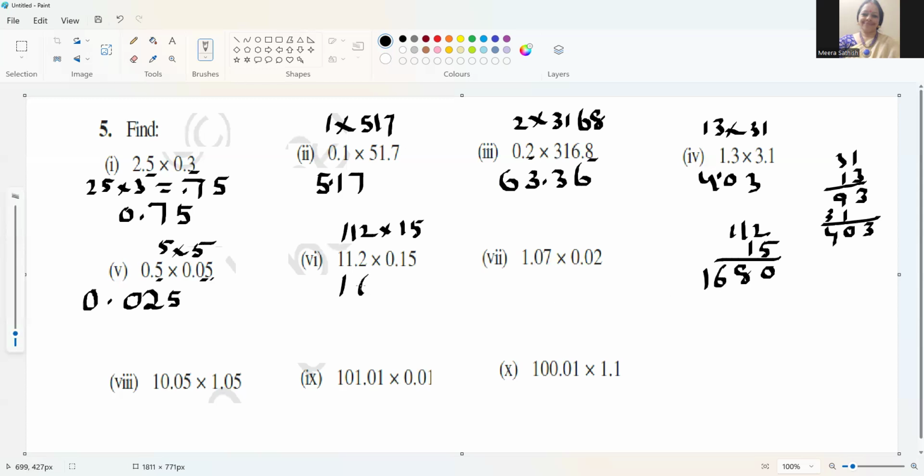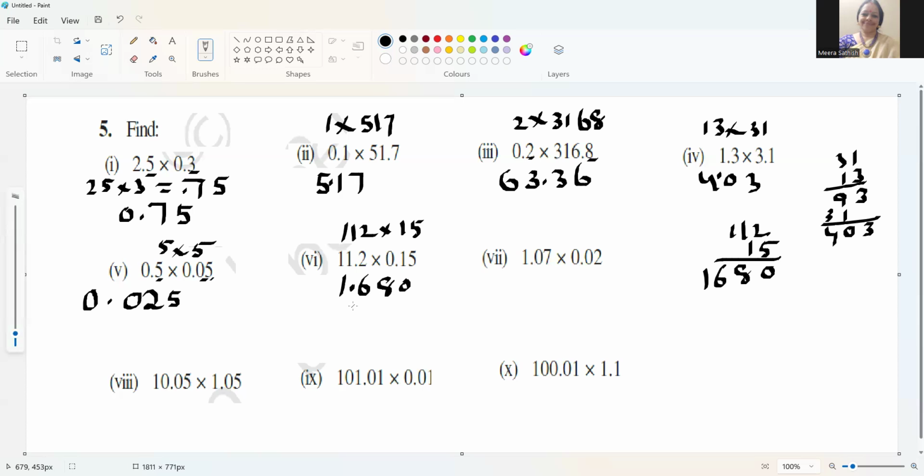So 1680, 3 decimal places. So 1.680. If you write it as 1.68, that is also correct, because that last 0, if you didn't write also, no problem.